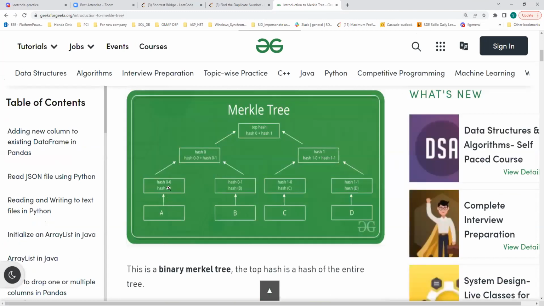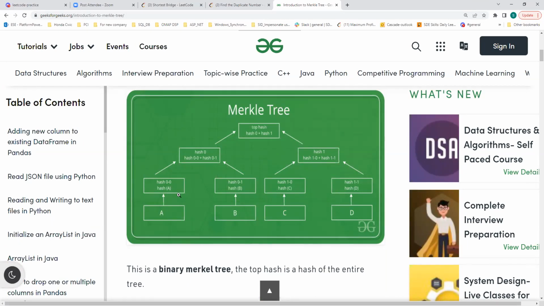Key value pair they are showing, 0 is the key, 0 is the value. The hash 0 is actually the node name, right? The one above that. Under hash 0 there are two things: hash 00 and 01.